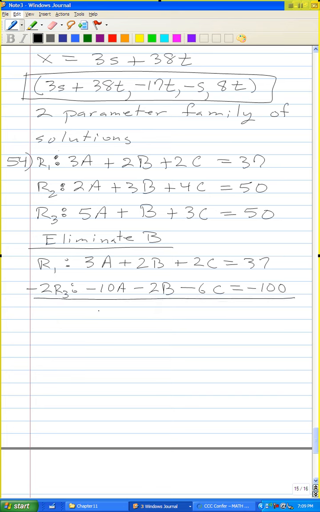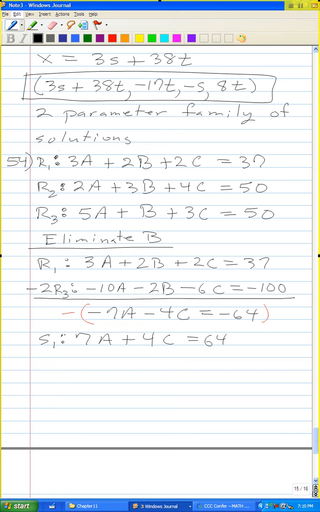Let's add these. So you get negative 7A minus 4C equals 100 minus 37, 63. Actually, let me change all the signs. So you get 7A plus 4C is 64. So let's call that S1.